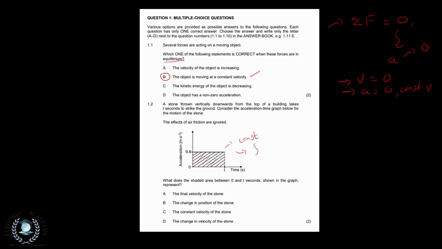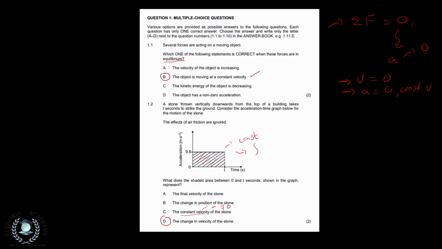The final velocity, no. The change in position of the stone, no. The constant velocity of the stone, this is where a lot of students get it wrong. It's not the constant velocity. If it was constant velocity, we wouldn't have acceleration. So in this case, our acceleration is not equal to 0. We have a constant acceleration, mind you. So as we said, the area is actually the change in the velocity of the stone. So D is our answer.